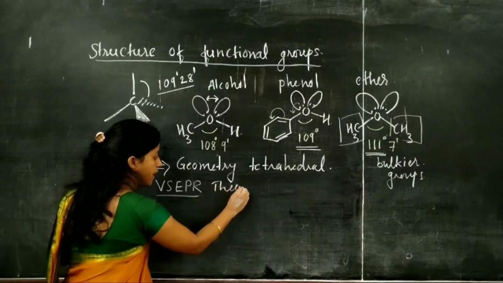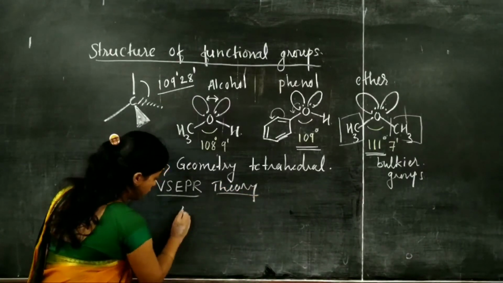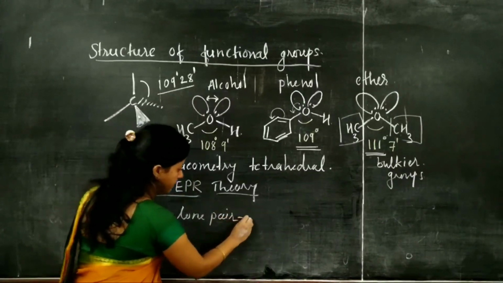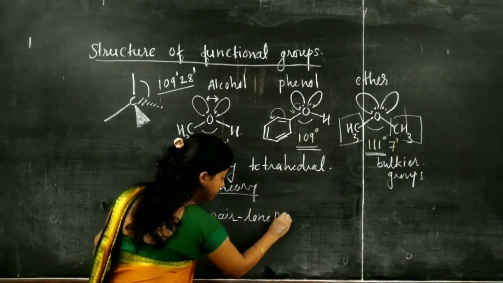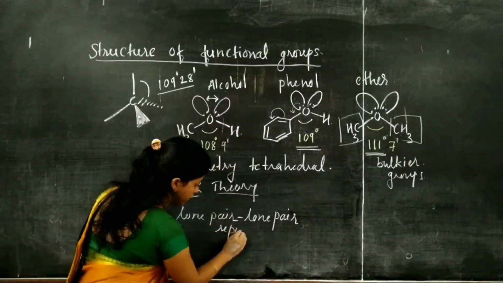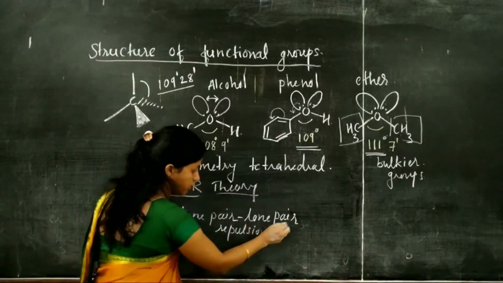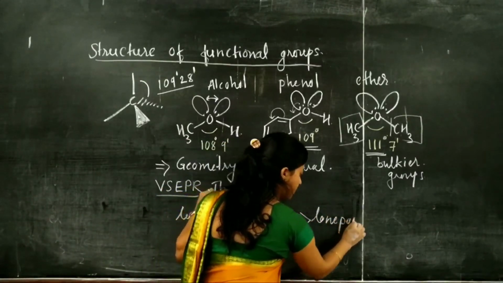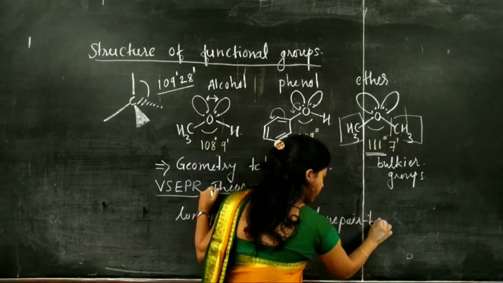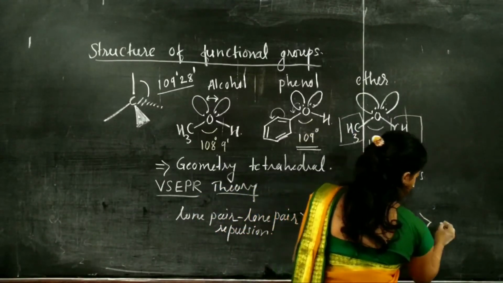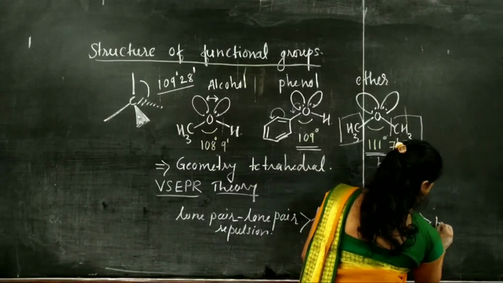theory, lone pair repulsion always will be more as compared to lone pair bond pair repulsion, and then bond pair repulsion.